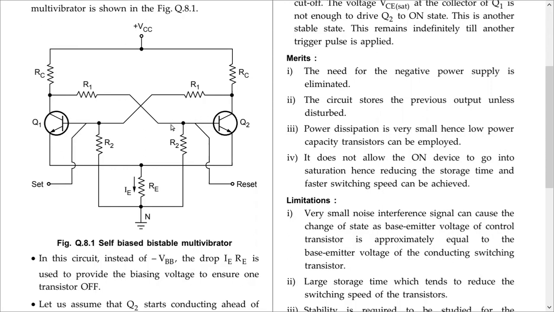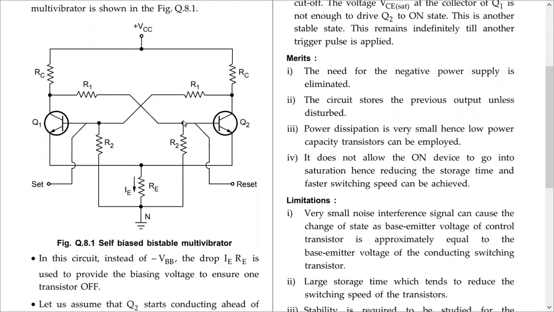The voltage that we get here is like a voltage divider network, VCC divided between RC plus R1 and R2, for the case when Q1 is off and Q2 is on.